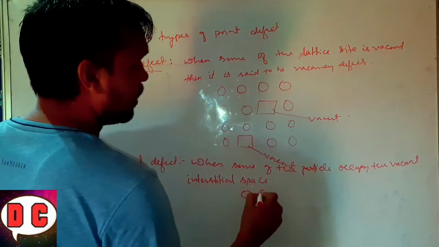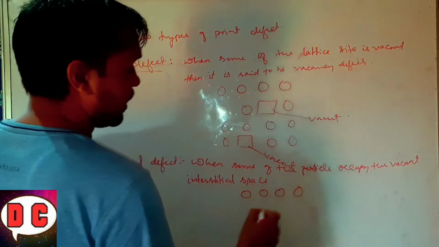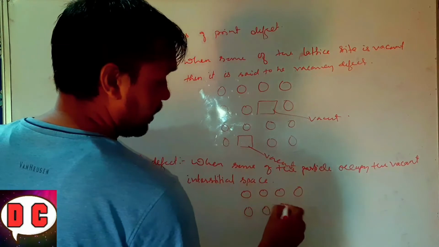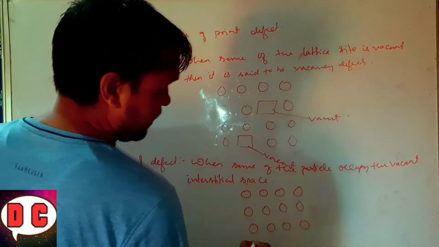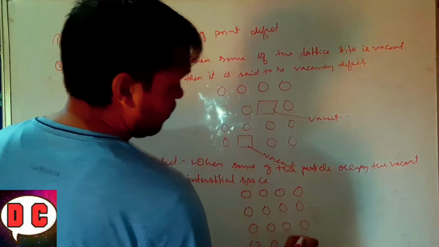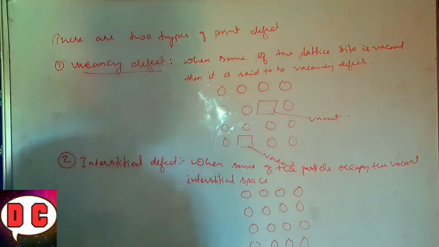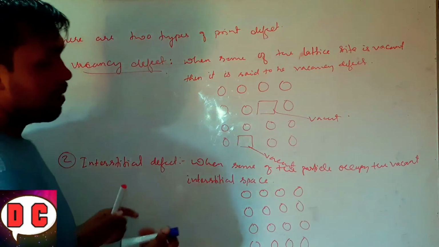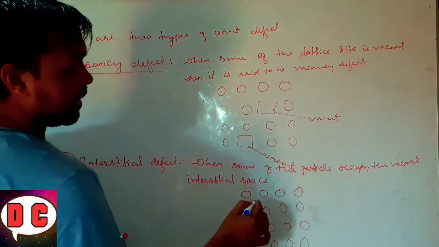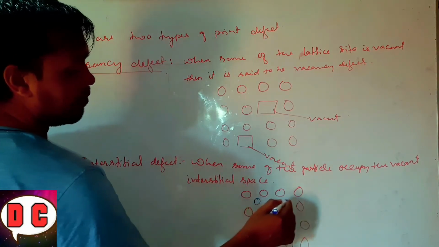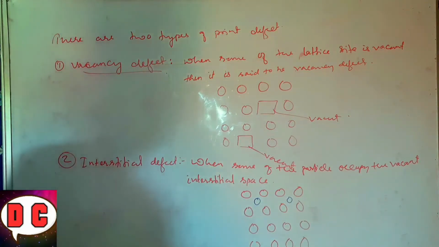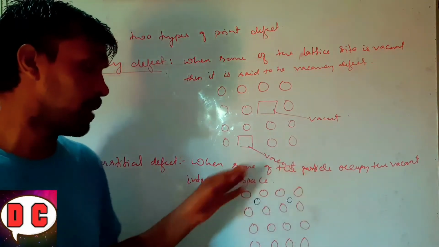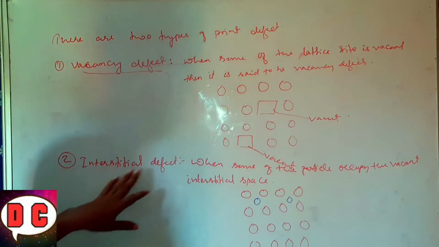What will happen here? Here all the constituent particles will be there in their lattice sites, but beside that, in the gap there will be some extra constituent particles present. So this kind of defect we call interstitial defect.